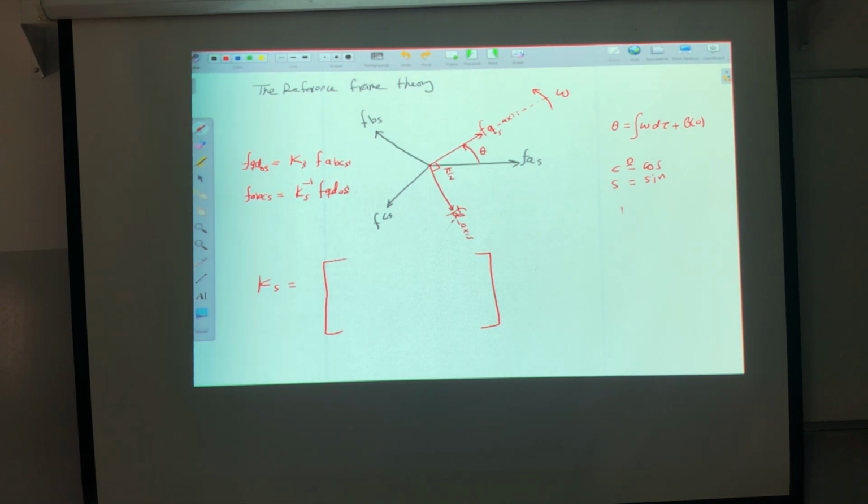We know theta. Theta 1, I will choose it to be the angle theta minus 2 pi over 3. So theta 2 will be theta plus 2 pi over 3. So this will save ink. We need to reduce that.